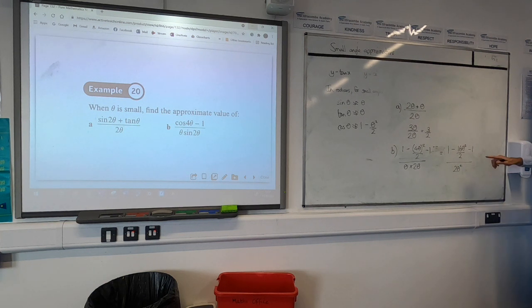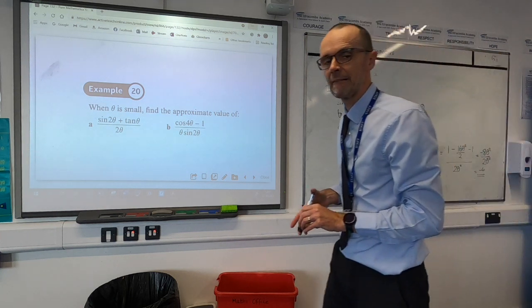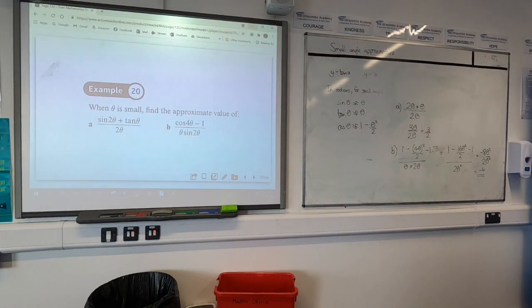So you end up with the 1's disappearing. You get minus 16 theta squared over 2, which is minus 8 theta squared. So I've got minus 8 theta squared over 2 theta squared, which works out as minus 4.